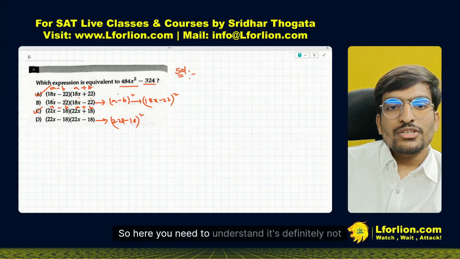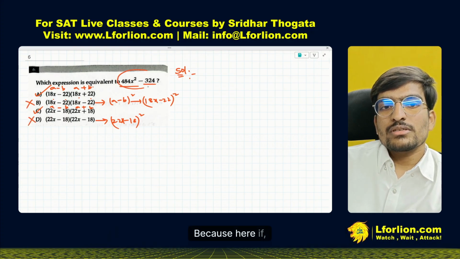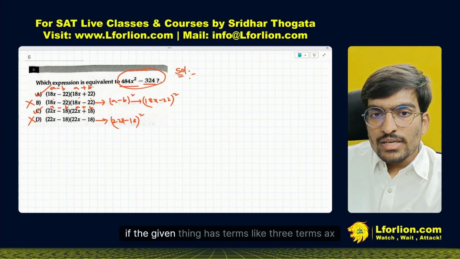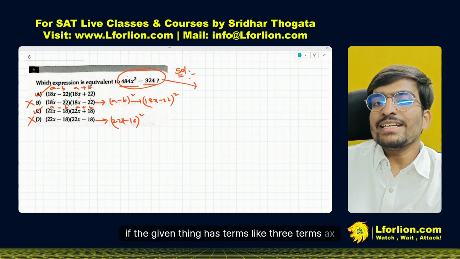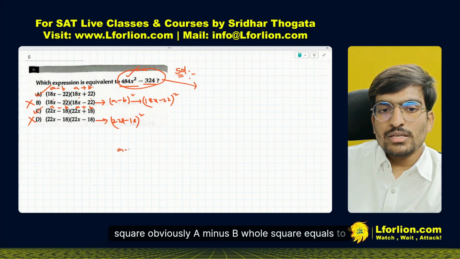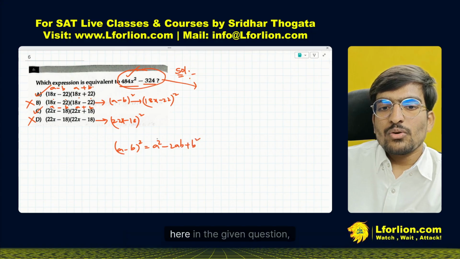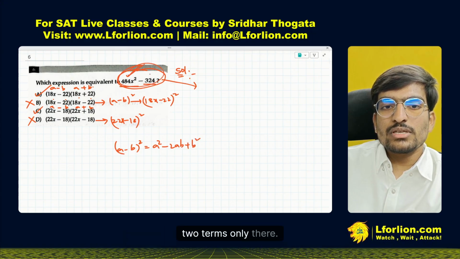So here you need to understand, it's definitely not option B, not option D. Why? Because if the given thing has three terms, then obviously A minus B whole square equals A square minus 2AB plus B square. Here in the given question, there are only two terms, so there is no third term.